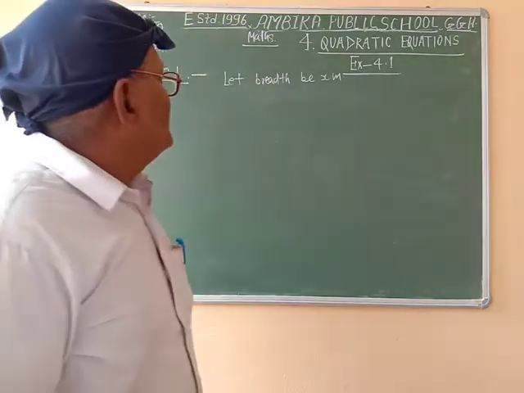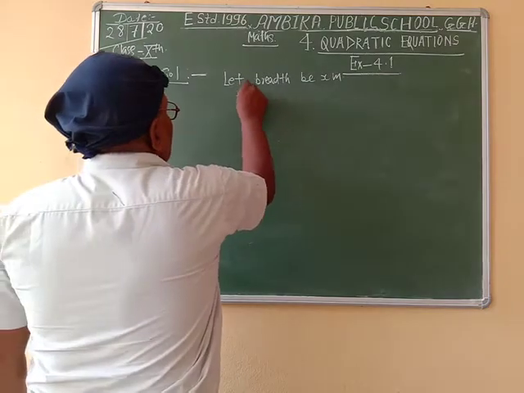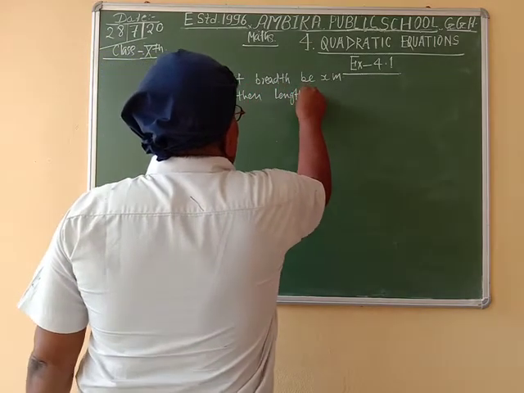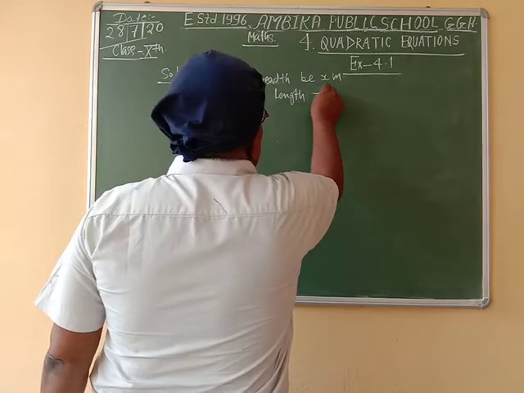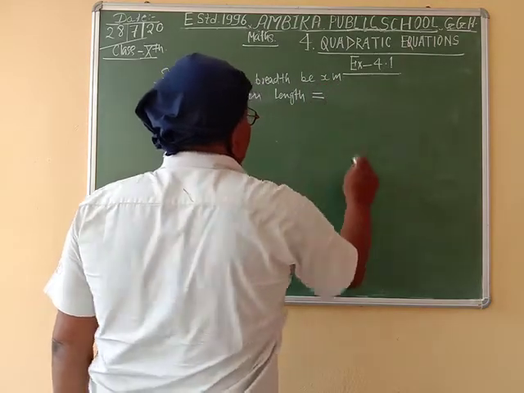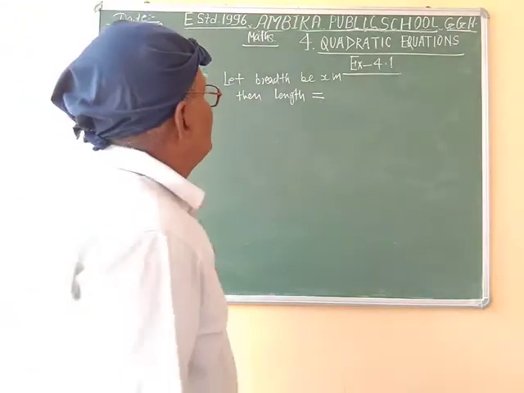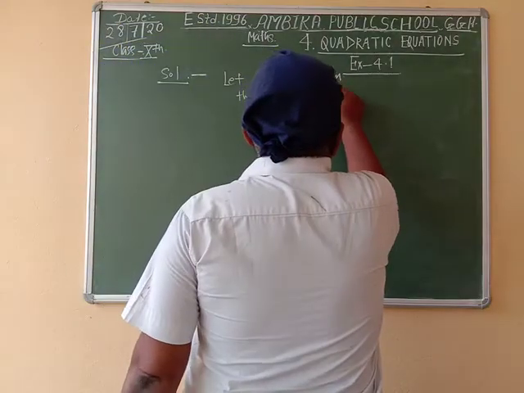Let breadth be x meter, then length is equal to one more than twice its breadth, 2x plus 1.